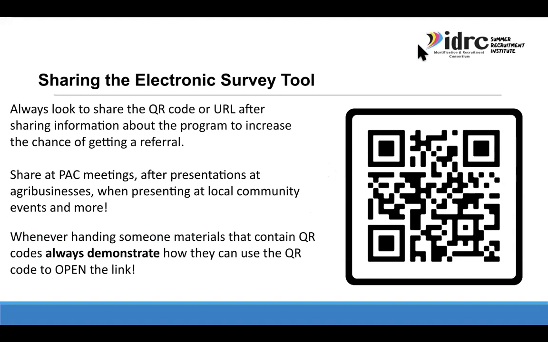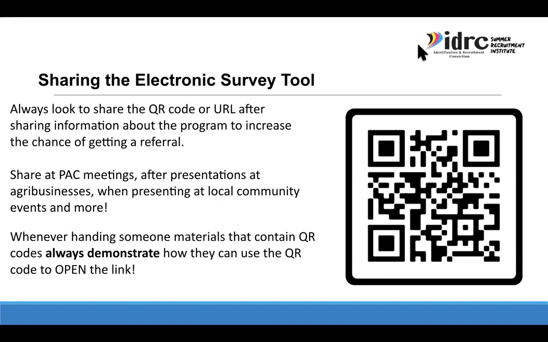When you share the QR code, try to share it, like I said, as much as possible. You can share it at PAC meetings, so your parental engagement meetings, parental advisory meetings. We encourage sharing at PAC meetings because those are families that are already involved with the program, already know the program well.